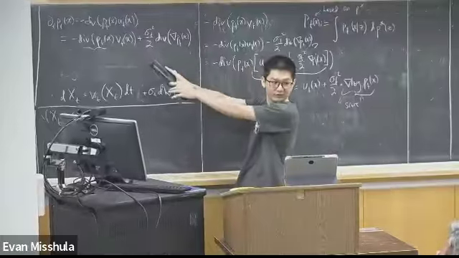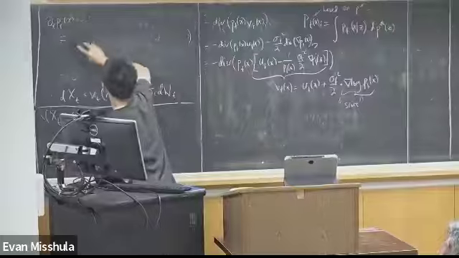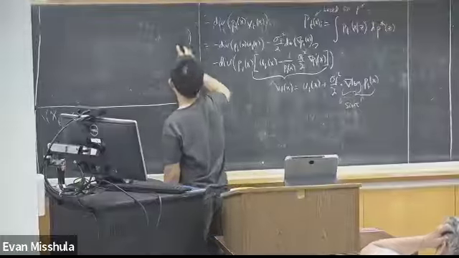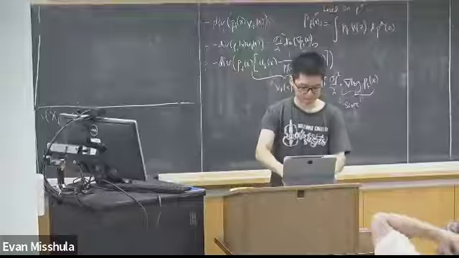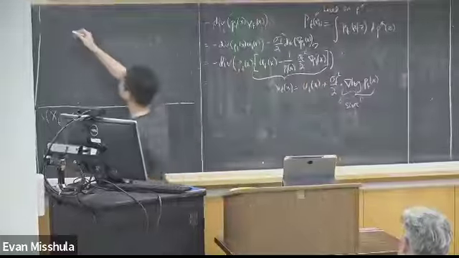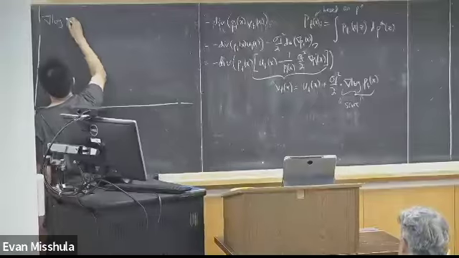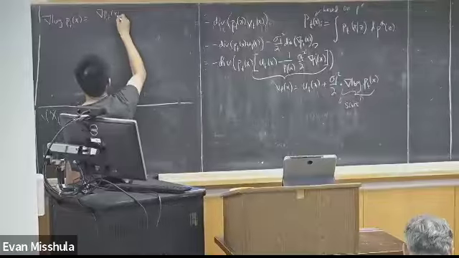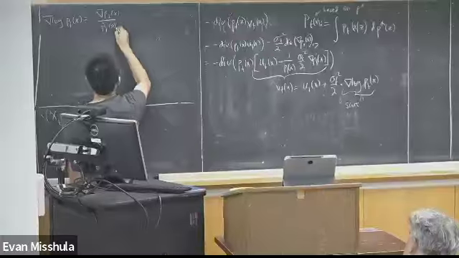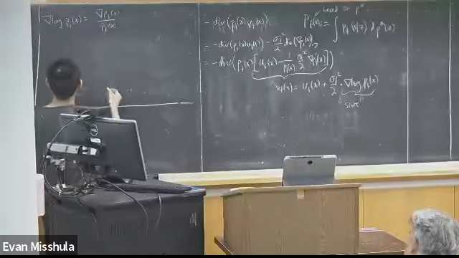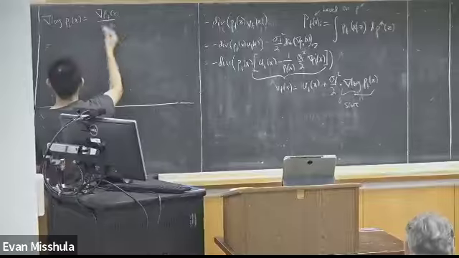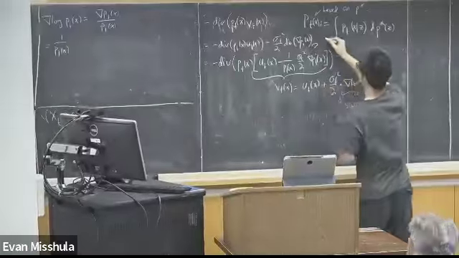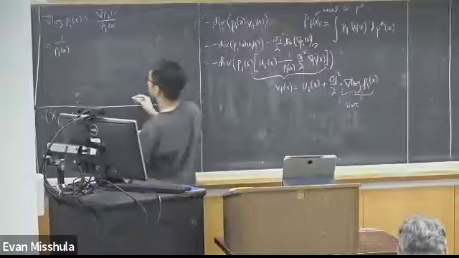So the score. Reverting the chain rule. And now we decompose in terms. We break up the partial.